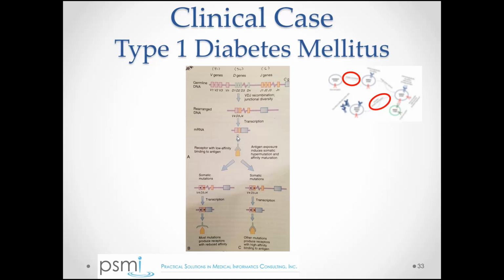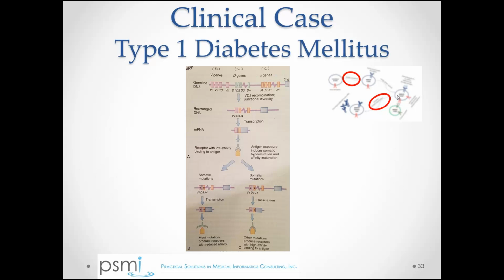And so the messenger RNA now is unique for this particular combination of V, D, and J genes. And some other immature B cell that's maturing to a B cell will have a different type of rearrangement. And of course, with each rearrangement, you get a slightly different immunoglobulin receptor. And that's the process that's going on here.